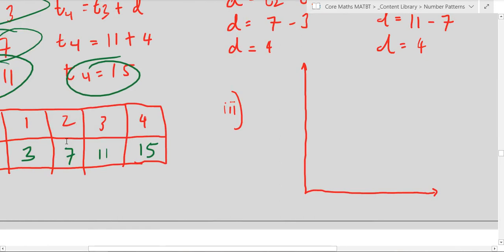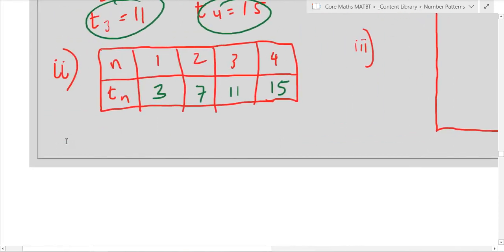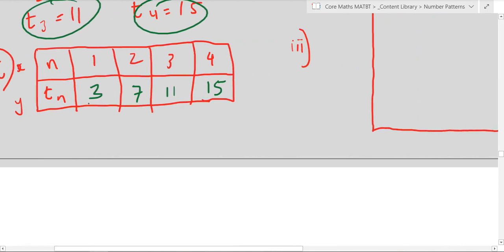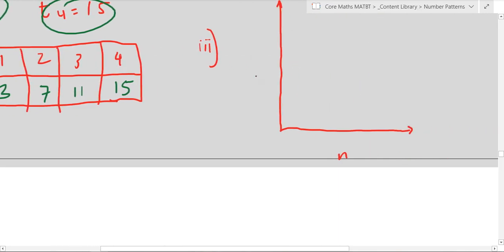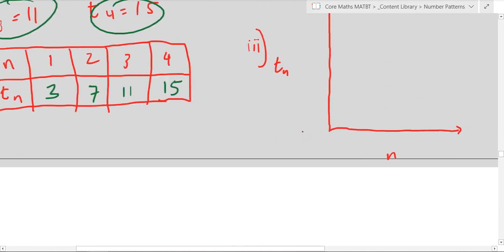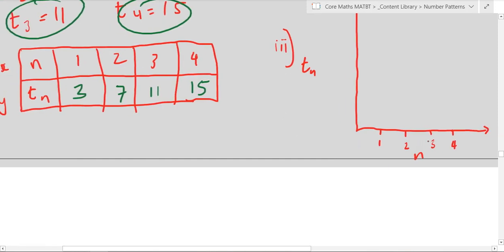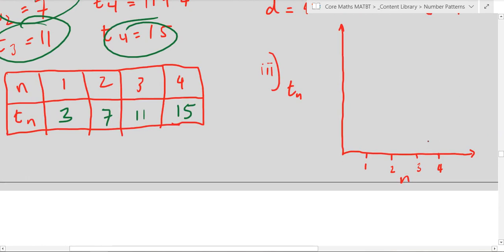This is similar to the table, X and Y. On your X-axis, you're going to have the N values, and on the Y-axis, you're going to have the Tn values. On my X-axis, which is the N, I've just got 1 to 4, so 1, 2, 3, 4. And on my Y-axis, I've got 3 to 15. So let's put those in.